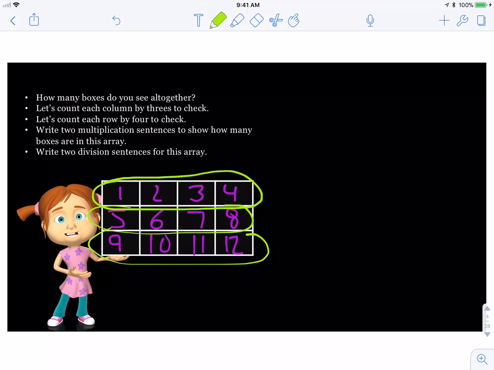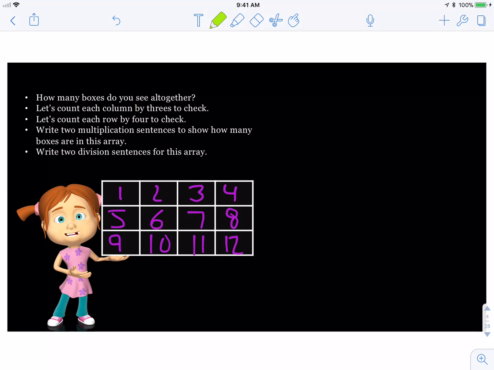Write 2 multiplication sentences to show how many boxes are in this array. We just counted rows, so we could take the rows times the columns, or we could take the columns times the rows. However you want to work it, because we're going to do 2 multiplication sentences.